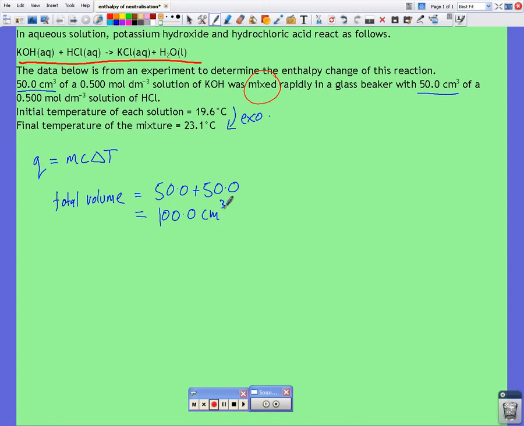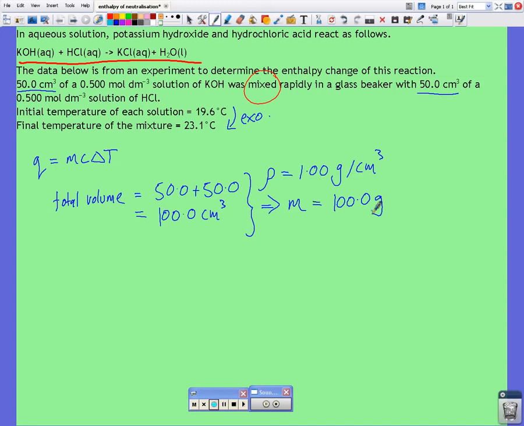So now we have to make an assumption. We're going to assume that the density is the same as water, 1.00 grams per cubic centimeter. So we can infer from that that the mass of our solution is equal to 100.0 grams.